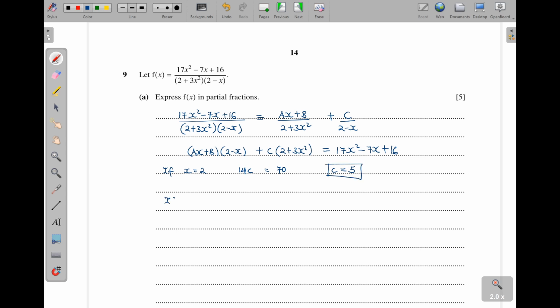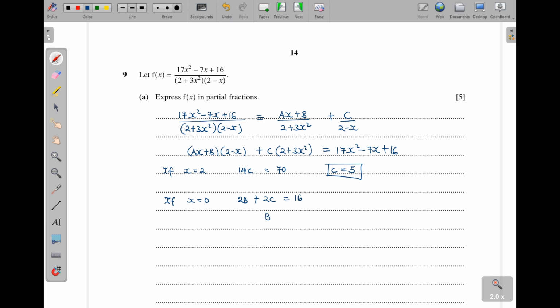Then we can get another x value. Since a is multiplied with x here, to terminate it, I will say let x be equal to 0. So when it is 0, here we shall remain with b times the 2 because even this one has gone. So we shall have 2b, plus 2c, which is equal to 16.